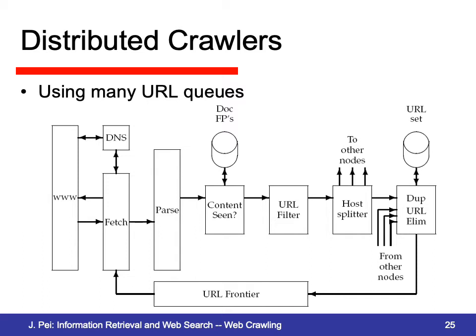Please pay attention to this component called content seen. Indeed, there is some complication here. There are several factors we need to pay attention to. First, unlike the URL frontier and the duplicate elimination module, document fingerprints or shingles cannot be partitioned based on host name.